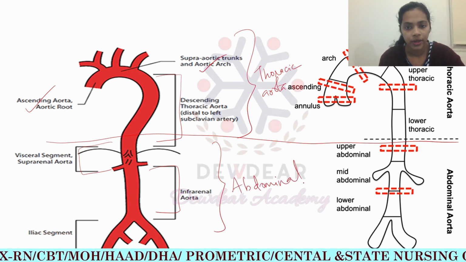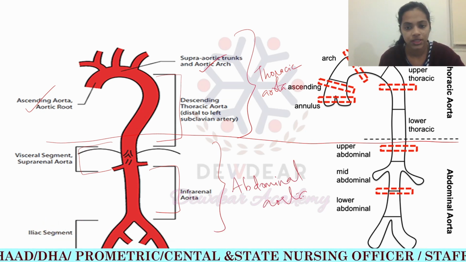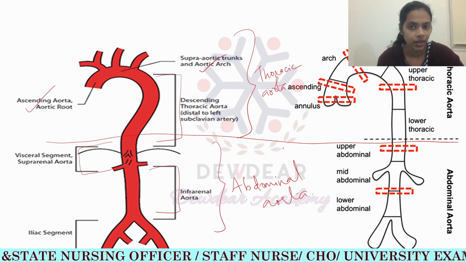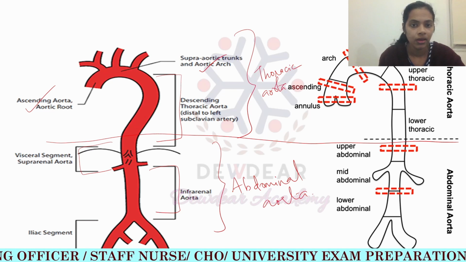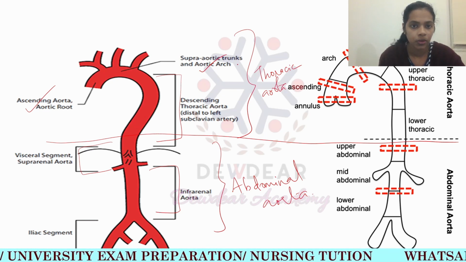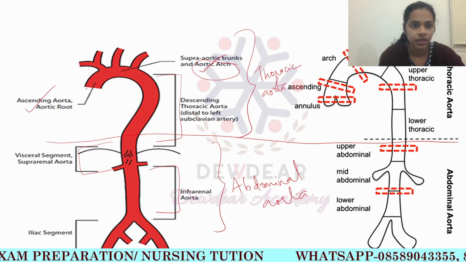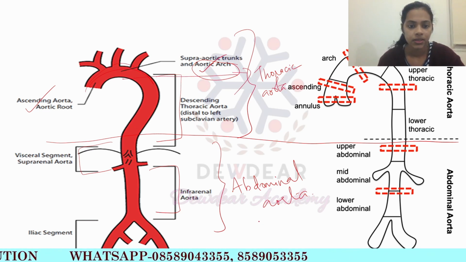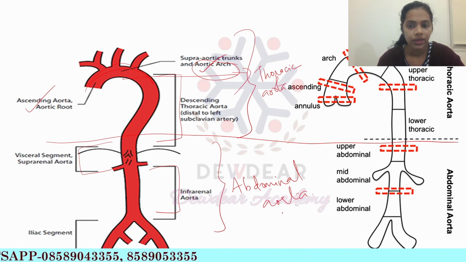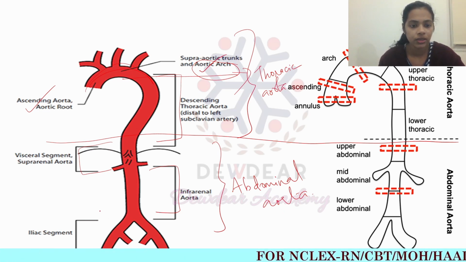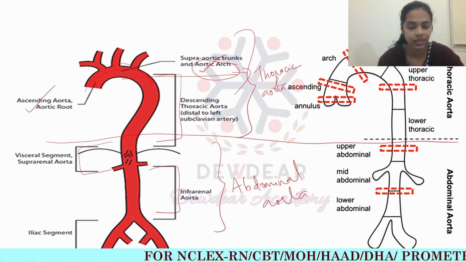The portion which is below is the abdominal aorta and the portion above is the thoracic aorta. So the aortic arch comes in this thoracic aorta. The abdominal aorta has different parts like suprarenal, infrarenal, and the lowest portions are the iliac segment.